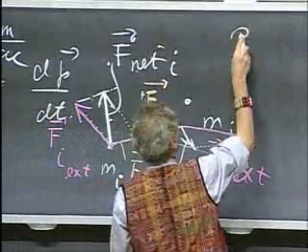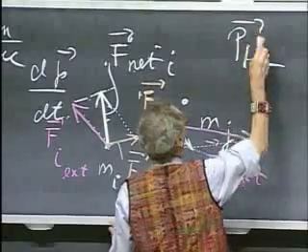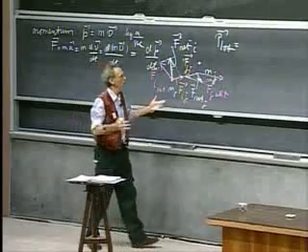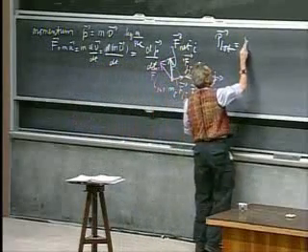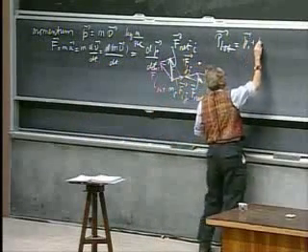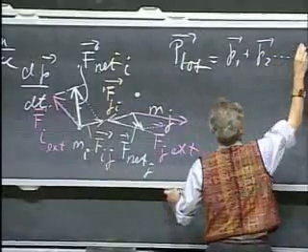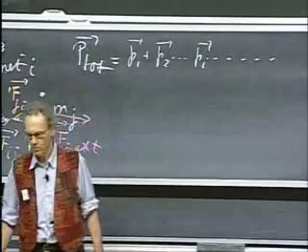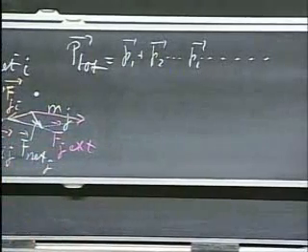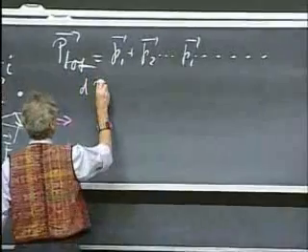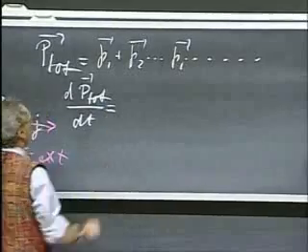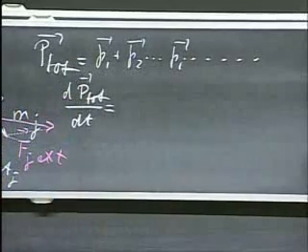What is the total momentum of these zillions of particles? Well, that's the sum of the individual momenta. So that is p1 plus p2, through pi, and you have to add them all up. I take the derivative of this, dp total/dt, that is dp1/dt. Well, that's the force on number 1.